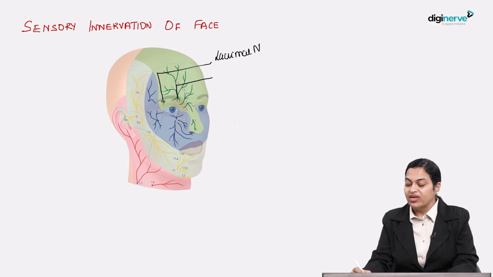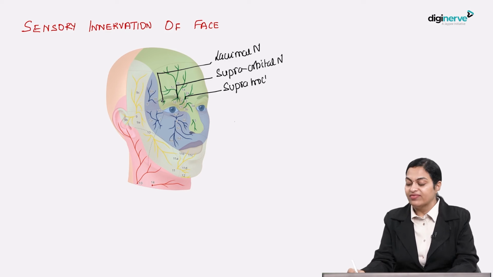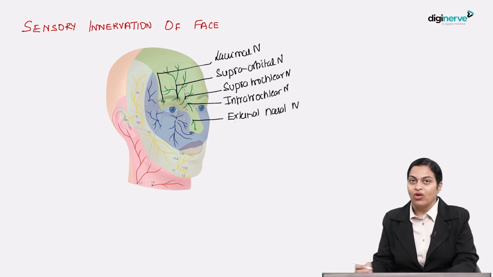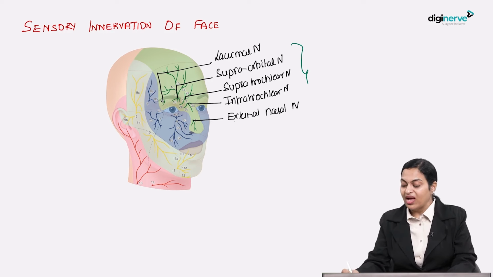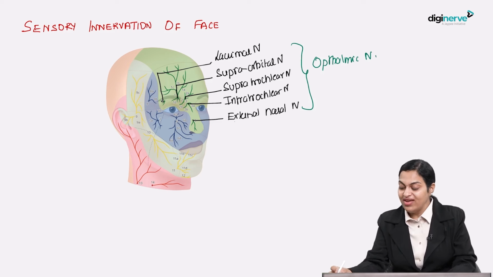Just medial to it, this is the supraorbital nerve. And this one more medial is the supratrochlear nerve, right? And this one below is the infratrochlear nerve. This one here is the external nasal nerve. Follow, okay? I have a lot of questions at the end of it. So these are all branches of the ophthalmic division of the trigeminal nerve, right?